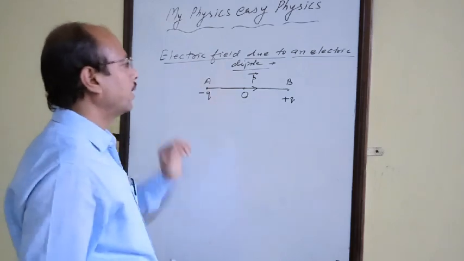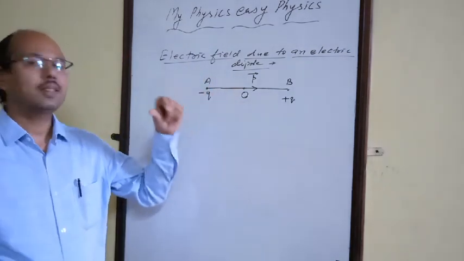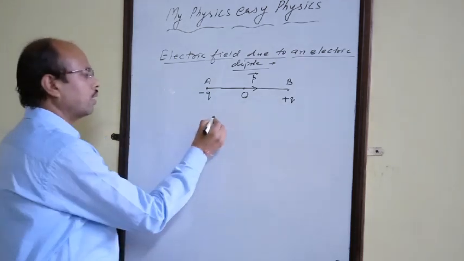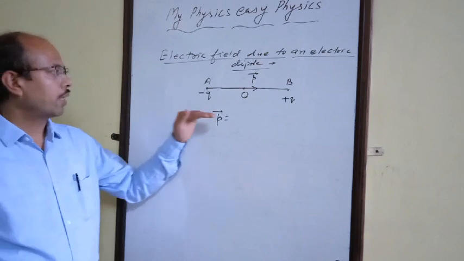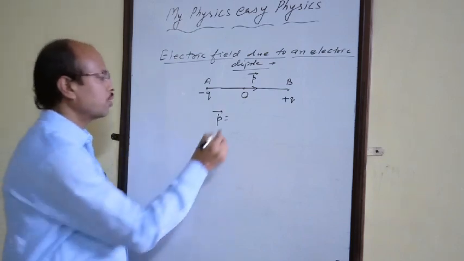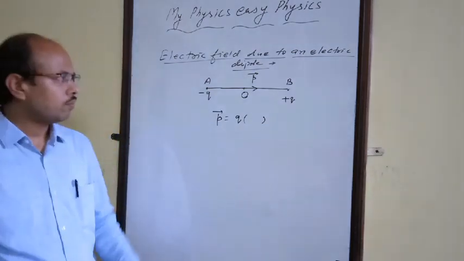We have to find the electric dipole moment of this electric dipole. That will be given by P equals the magnitude of either charge, that is q, times the distance between them.